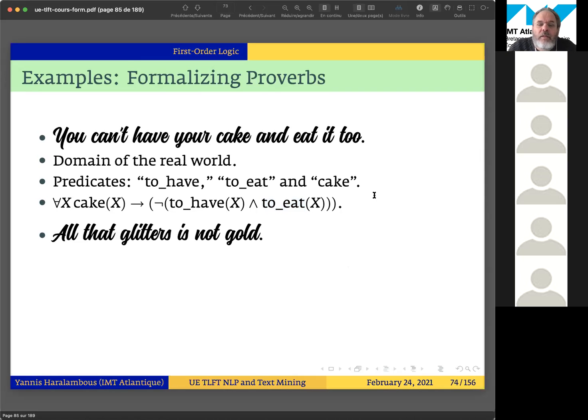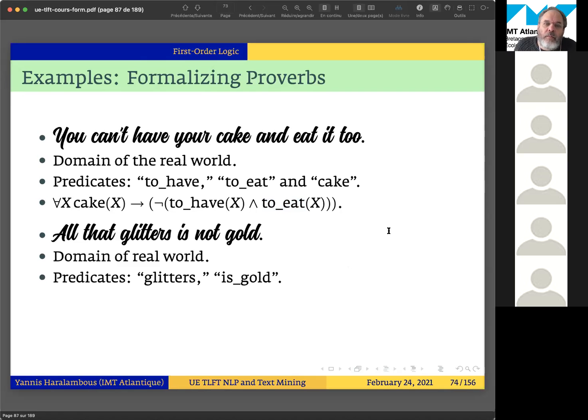All that glitters is not gold. I've chosen this one because it's a bit tricky. My domain will be the real world. My predicates will be something glitters and something is gold.